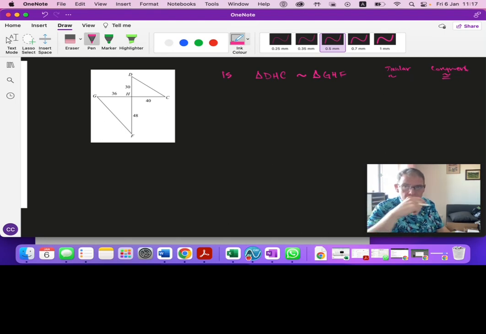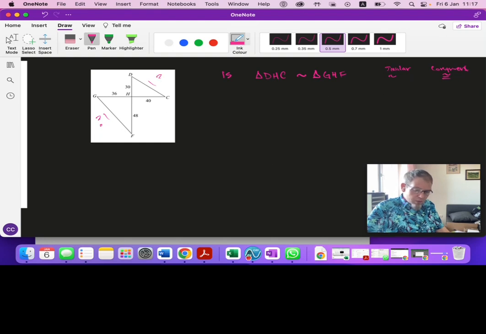So if these two triangles are similar, then either all three sides have to exist with the same common ratio, or we would have to know that all the angles are the same, or we would have to have side, angle, side. Well, looking at this, we don't know anything about GF or DC.